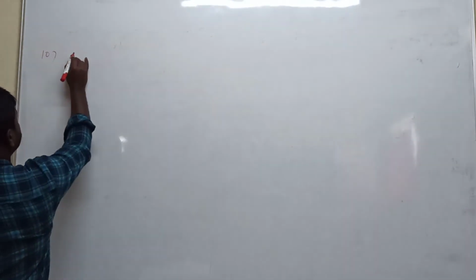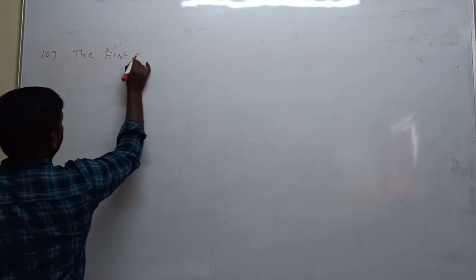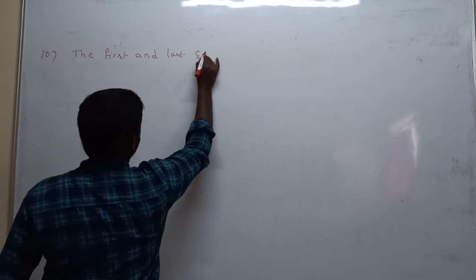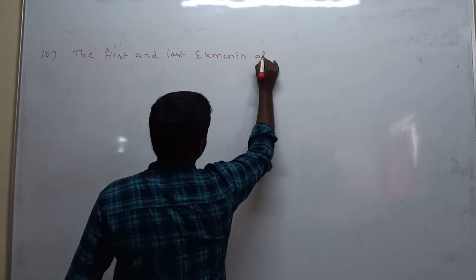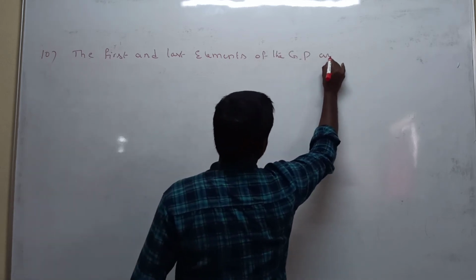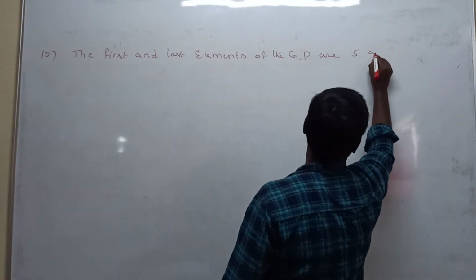The question is: the first and last elements of a geometric progression are 5 and 50 respectively.